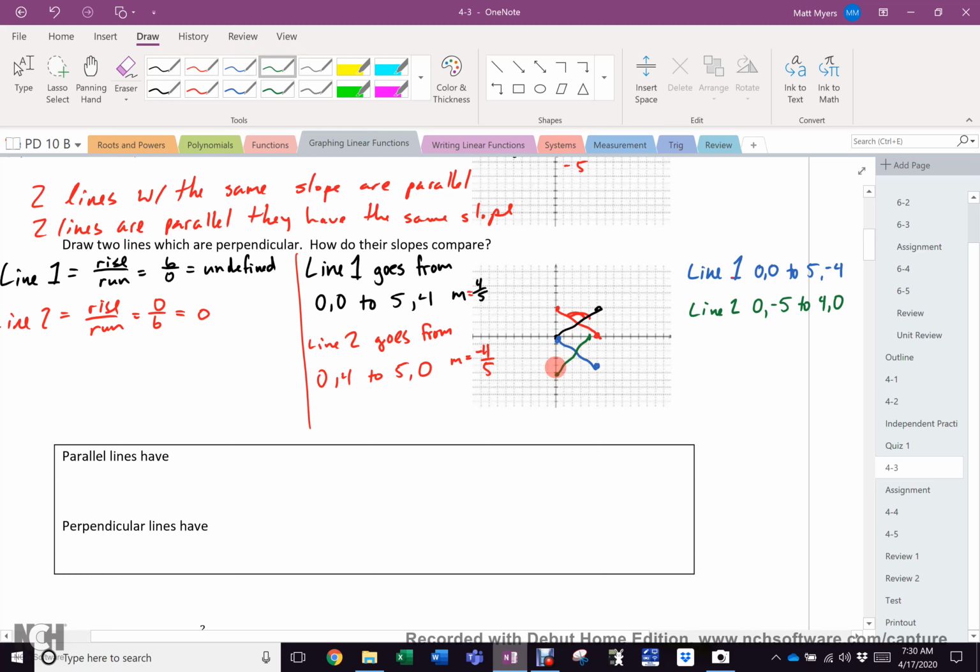Now, have a look at that. Now, you guys know my shaky hands, right? Have a look at that. I'm going to do this properly for you. I'm going to use the straight line tool.